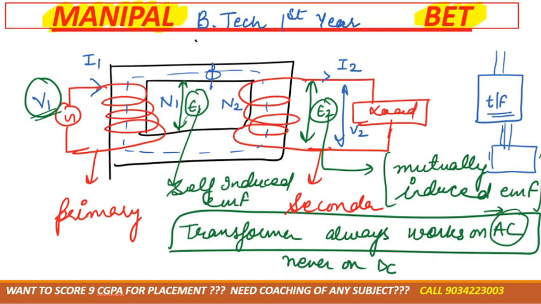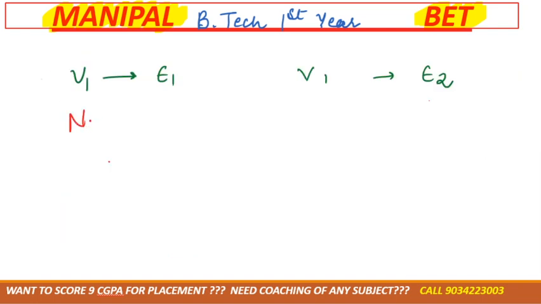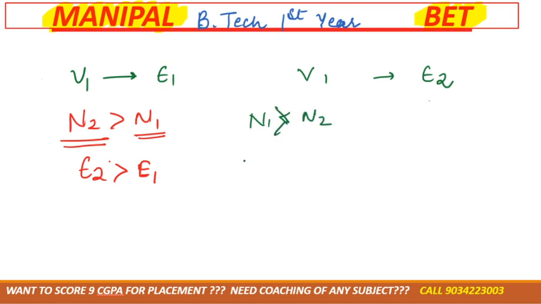If N2 is greater than N1, that is, the number of turns on the secondary is greater, in that case E2 is greater than E1.